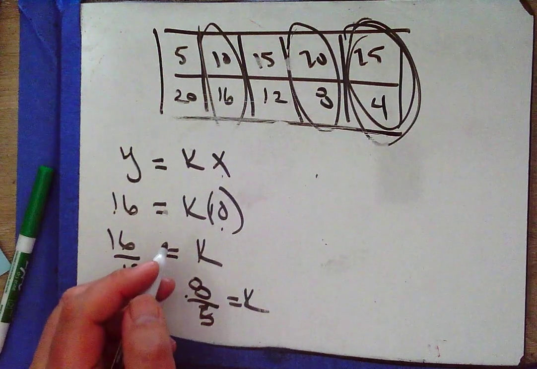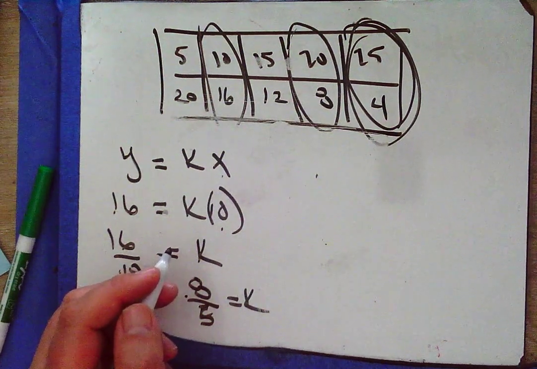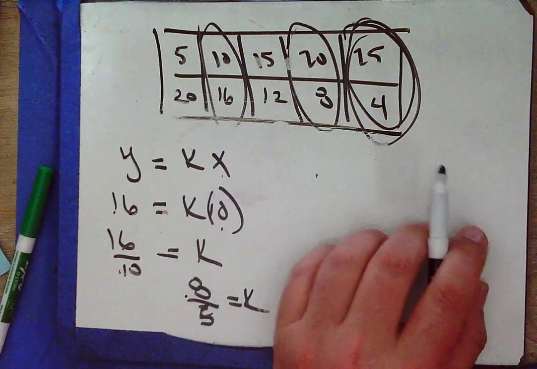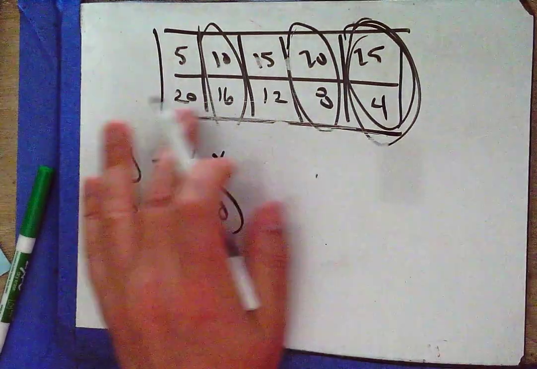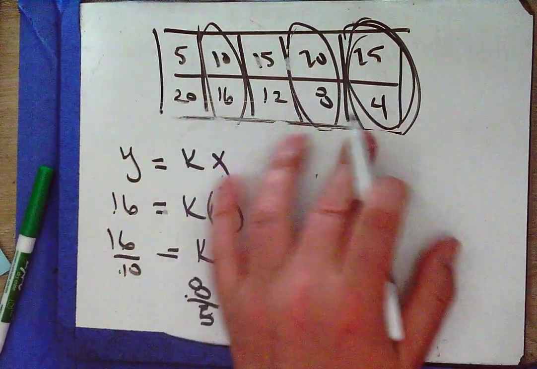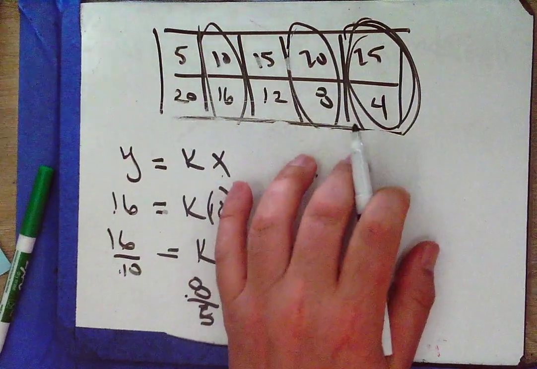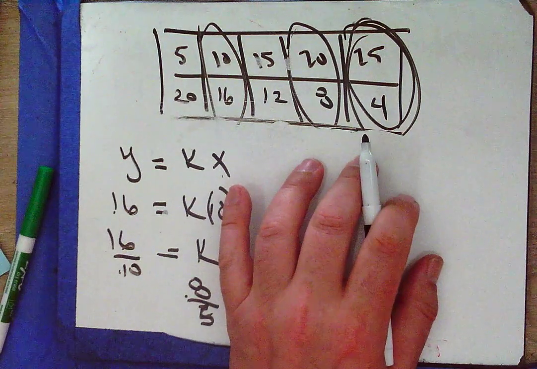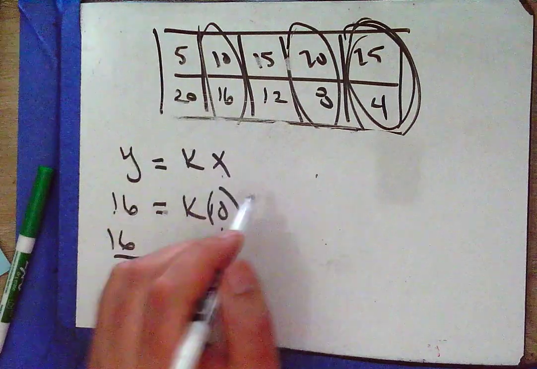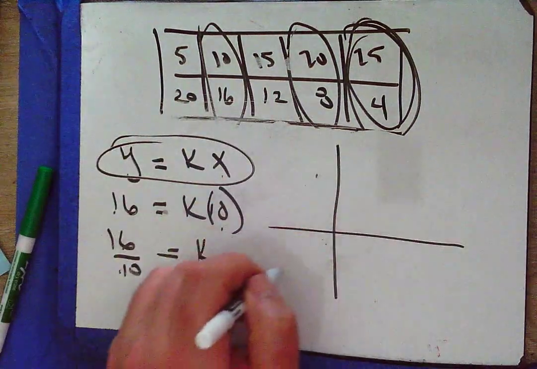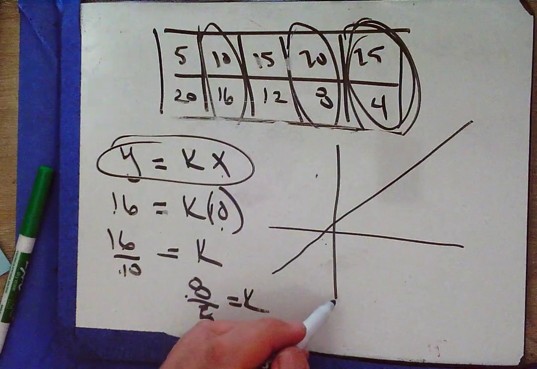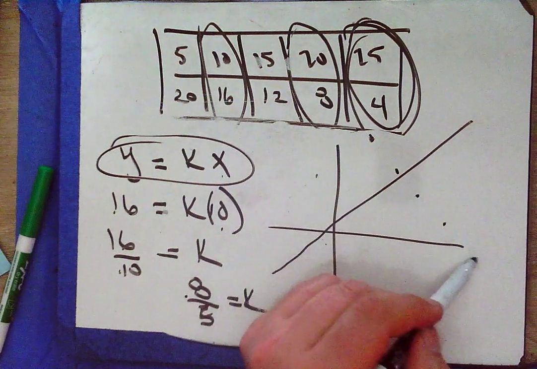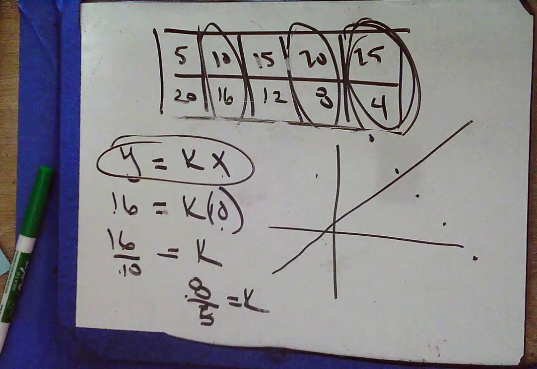I'm just completely flummoxed because oh, this doesn't pass through 0, 0. That's why that's not working. Because remember, this is the line that passes through 0, 0. So 5, 20, 10, 16, yeah, that's a problem. Oh, I'm sorry, I picked a bad problem for this.